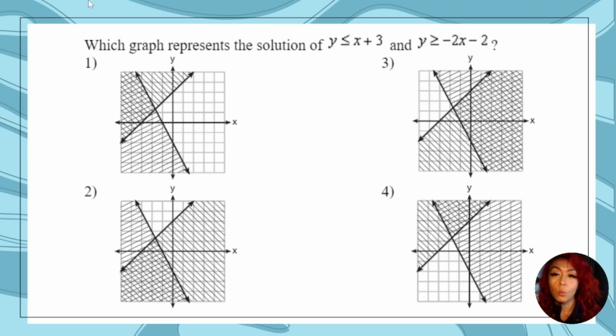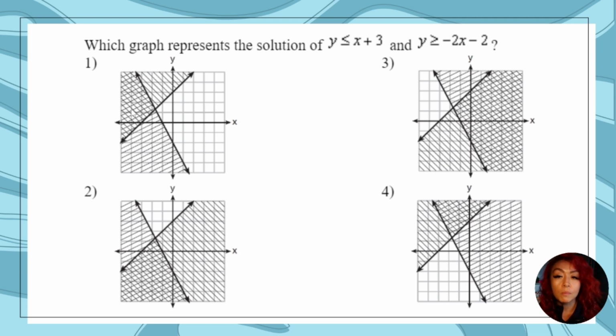So let's start with choice number 1. This first graph with a positive slope has a y-intercept of 1, 2, 3. So I know this graph represents the first inequality, x plus 3. Now, I know that y is less than or equal to x plus 3.